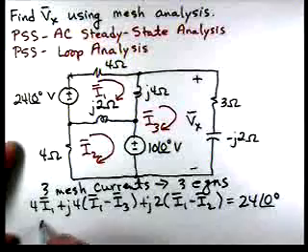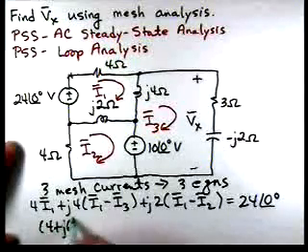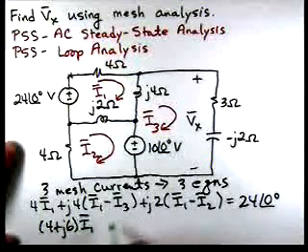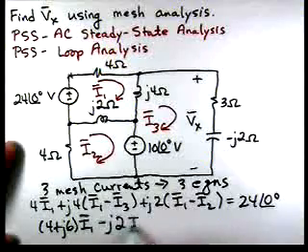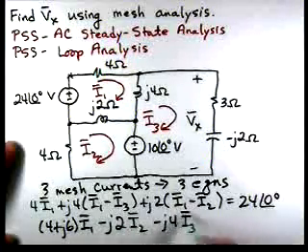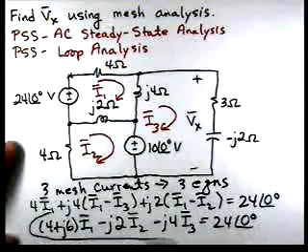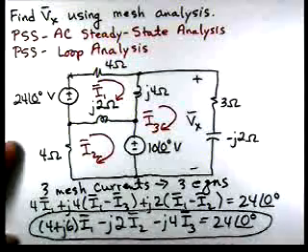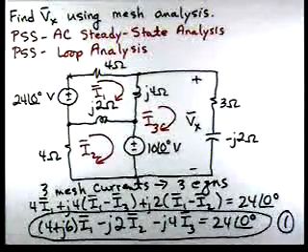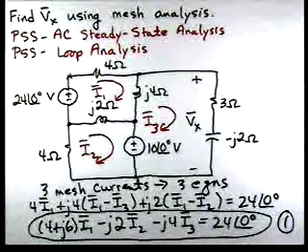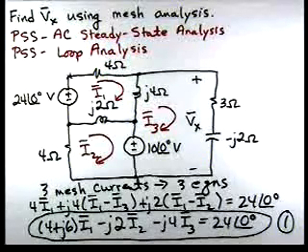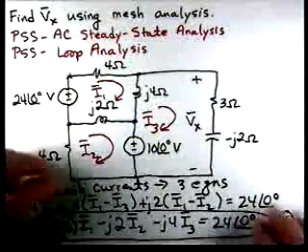So this equation becomes (4 plus j6) I1 minus j2 I2 minus j4 I3 equals 24 at angle 0. So there's our first equation.